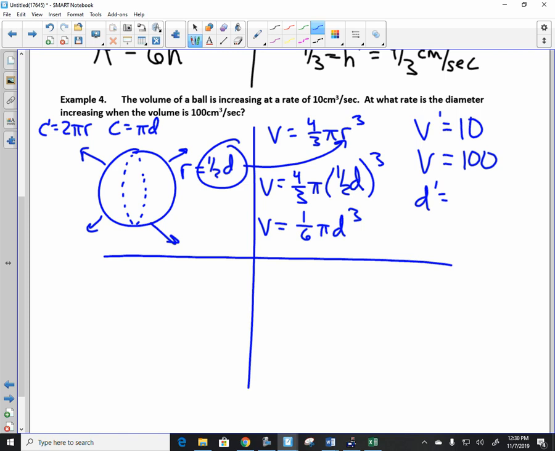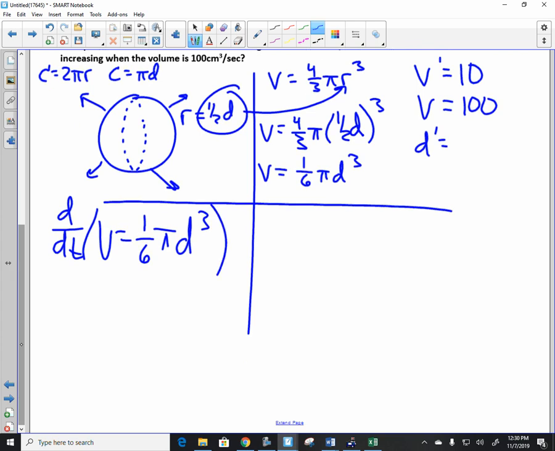So because the problem is asking for diameter, I find a way to insert diameter into the equation. Now, you're never going to see that written in a textbook, but they sure could have decided to do that instead, right? So let's take the derivative with respect to time of volume equals 1/6 pi d cubed. See if you remember how to do this.